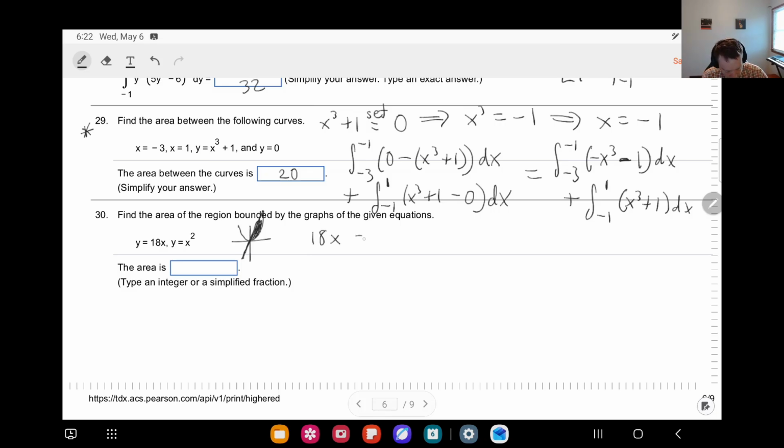So we set them equal to find that point of intersection. And these work best if you move everything over to one side. Then I could factor out x. So there, x equals 0, and 18 is the other one.